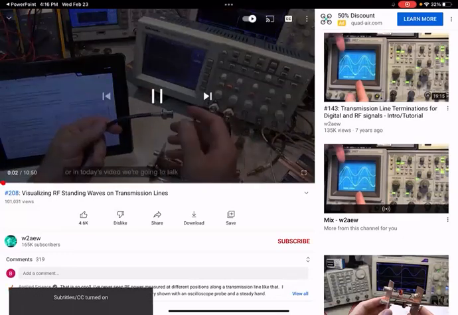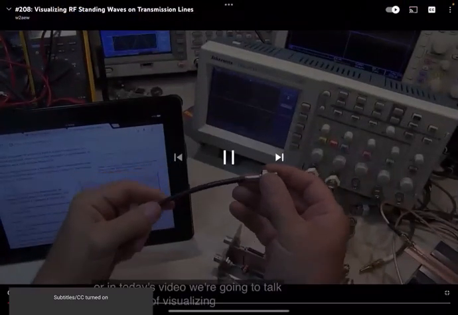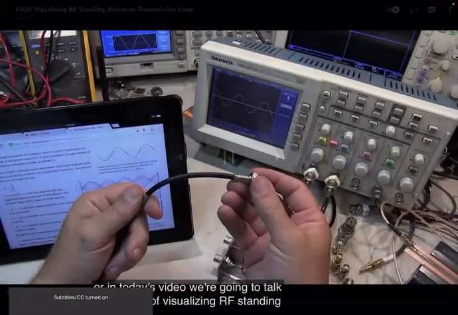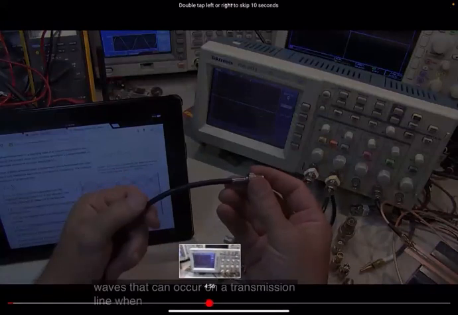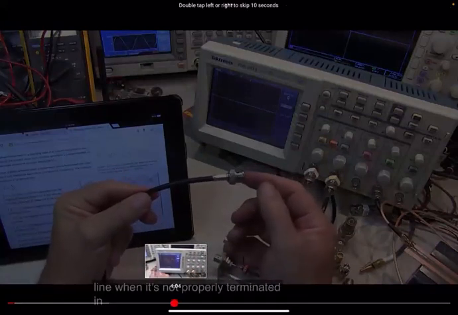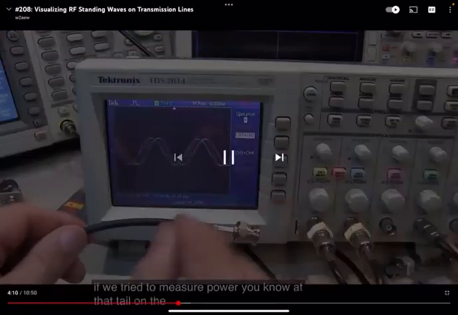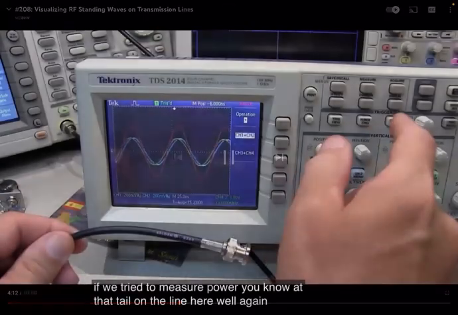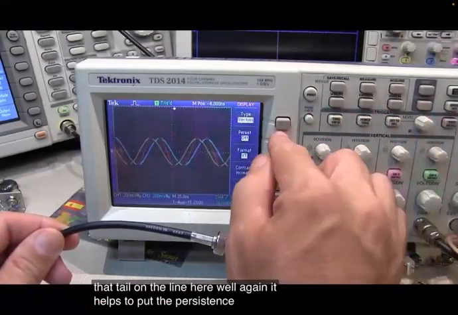In today's video, we're going to talk about visualizing RF standing waves that can occur on a transmission line when it's not properly terminated. Again, it helps to put the persistence on here.